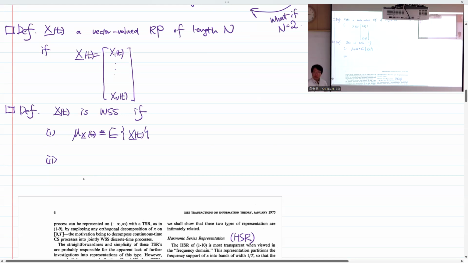So this is what? This is a constant vector for all t. That is the first requirement, right? What would be the second requirement? Think about the autocorrelation function. That is what?